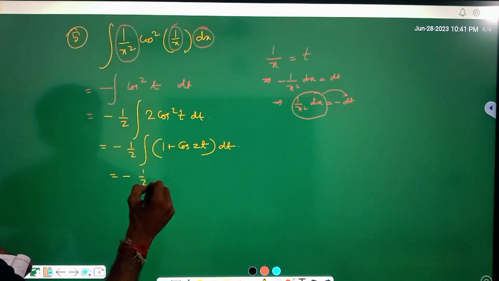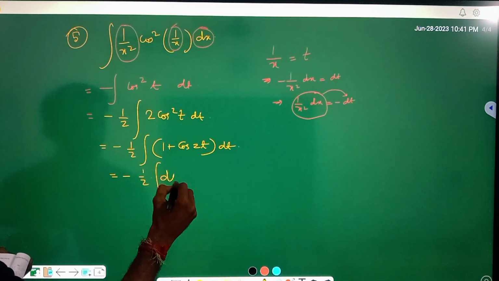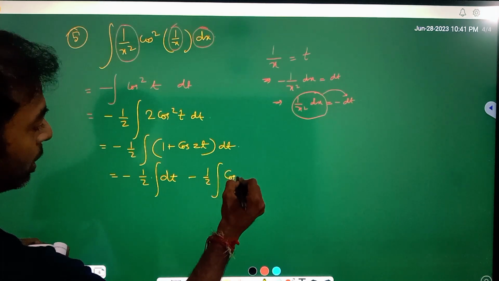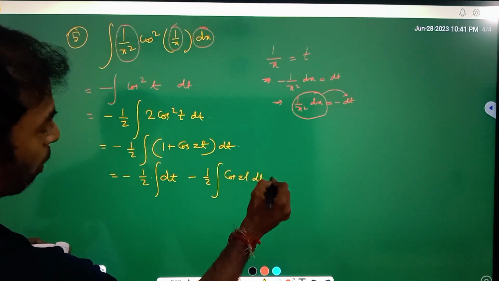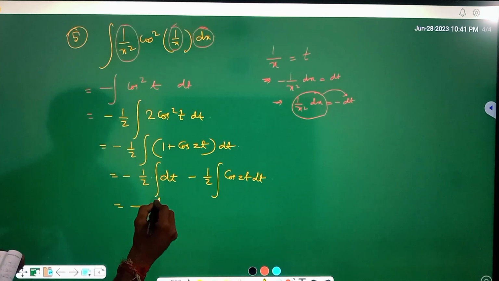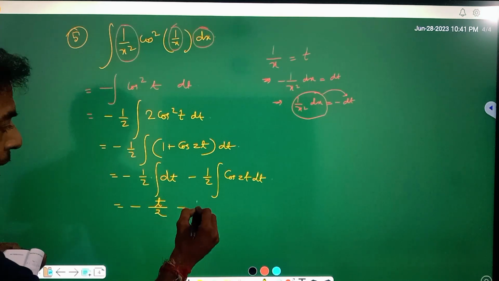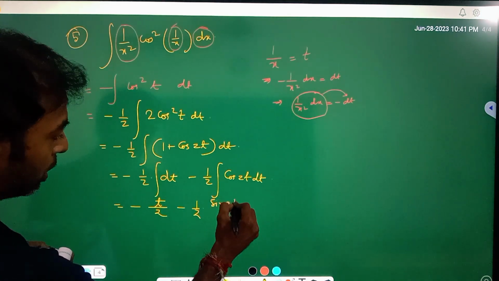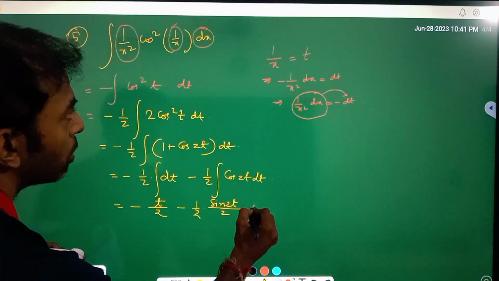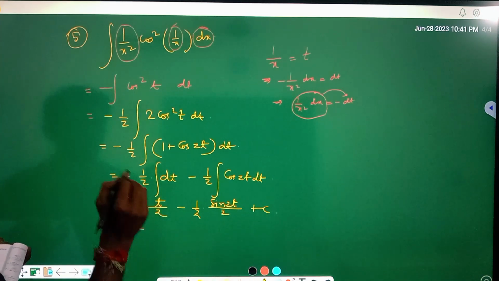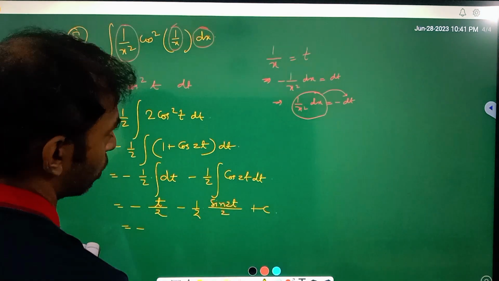Now the rest part is very easy. That will be minus of half dt and minus of half integration cos 2t dt. Now integration dt will be t by 2, and integration of cos 2t will be sin 2t total by 2 plus c. That's it, where c is the integral constant.